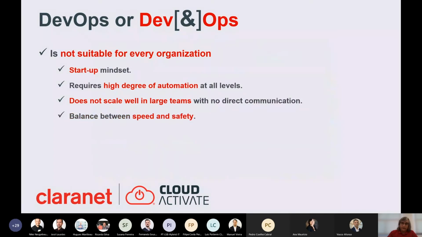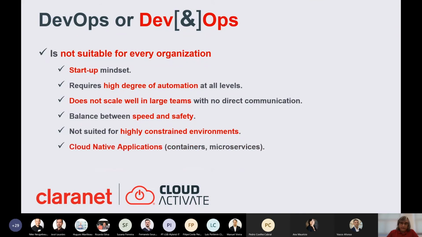In some organizations, the speed improvements might need to be taken at the cost of loosening some safety requirements. Also, constrained environments are not usually suited for automated deployments. And last but not least, containerized microservices applications might benefit more from the adoption of DevOps practices than monolithic legacy applications.